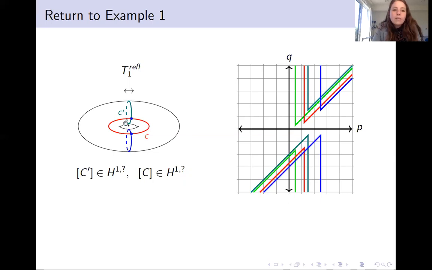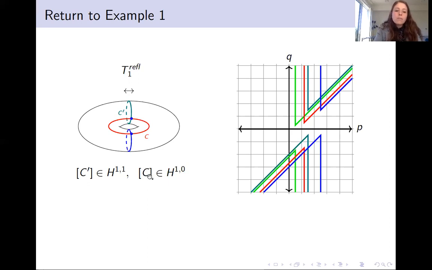And really the cylinder looks like my C prime cross an interval with a reflection action. So that's C prime cross my R^{1,1}, which is my sign representation. Okay, so I would expect this class for C prime to live in H^{1,1}. Again, because the normal bundle for C prime looks like C prime cross a sign.